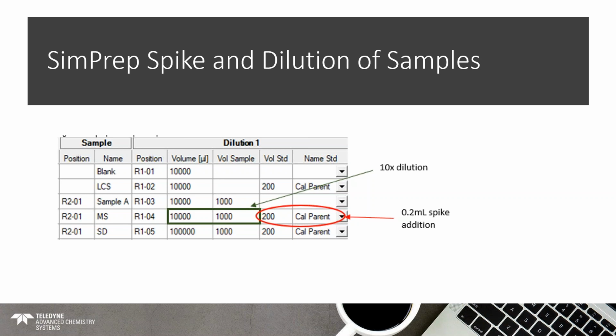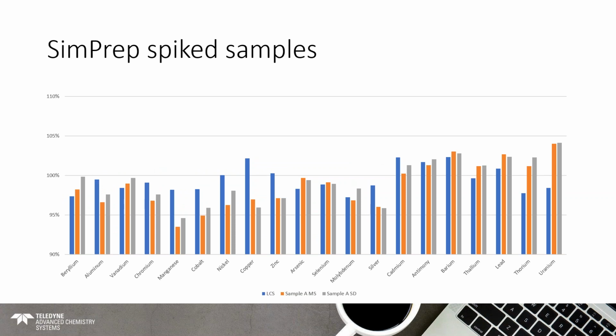Within the box, it does a standard 1 to 10 dilution of the sample, for the matrix spike or for the water sample, but then it is also able to add that 0.2 mL spike, and all of that happens essentially within a single preparation step. And then those can be taken and put on the ICP-MS for analysis.